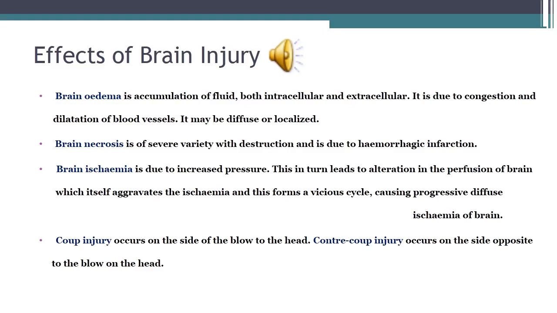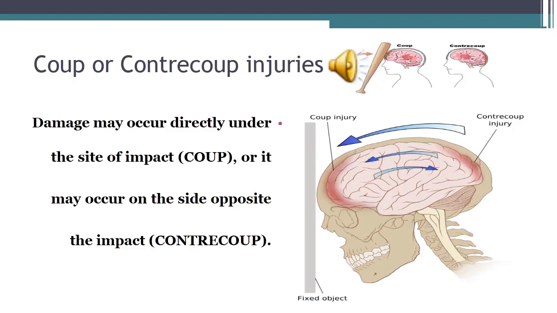Coup injury occurs at the site of the blow to the head, underneath the skull. Contrecoup injury occurs at a site opposite to the blow on the head. This slide explains the coup and contrecoup injuries of the brain.